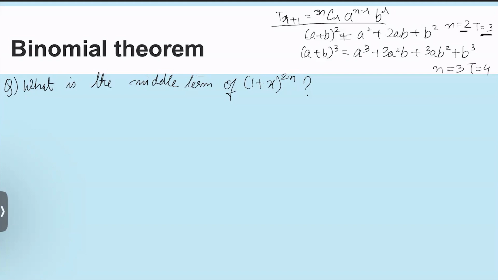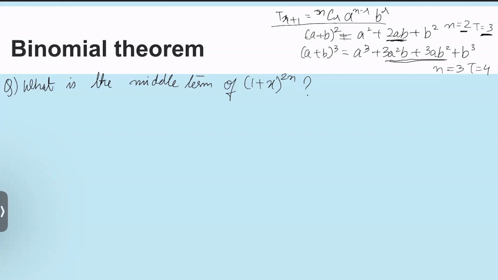So the middle term over here would be the second term. Okay, so you have exactly one middle term when you have even powers. But when you have odd powers, you will see that there is no particular one middle term. Okay, you have two middle terms over here.